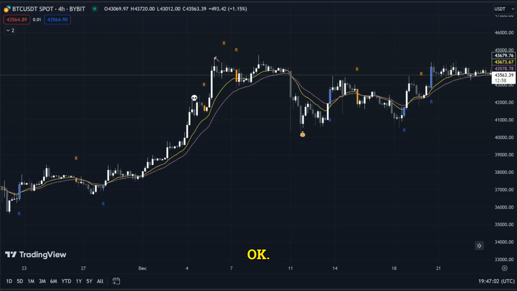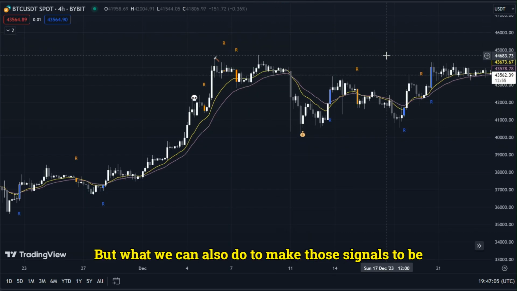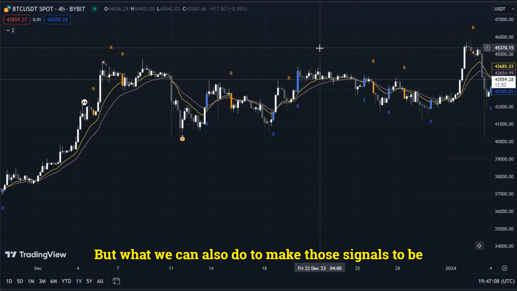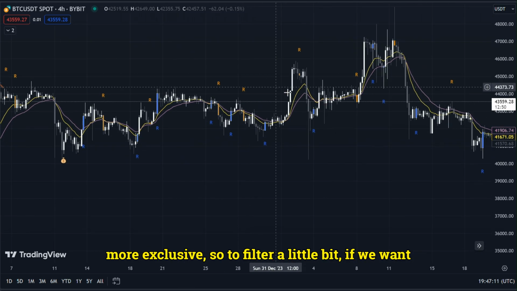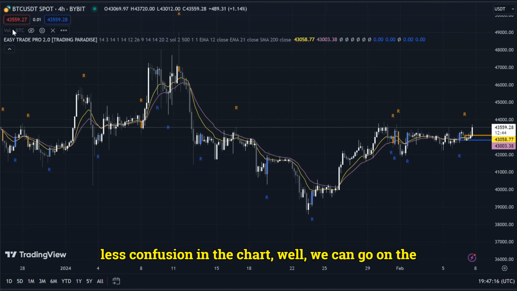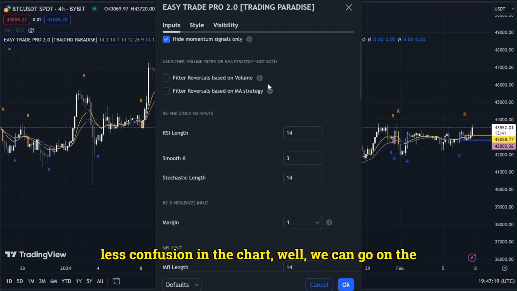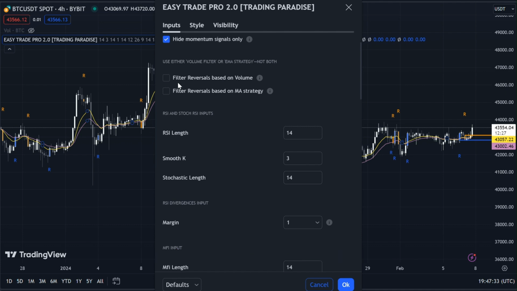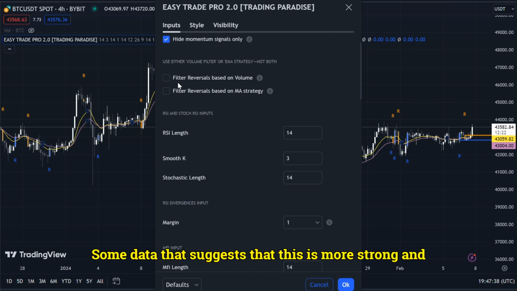Okay. But what we can also do to make those signals more exclusive, so to filter a little bit if we want less confusion in the chart, is go to the settings menu, where we have two filters. One is more focused on volume, so it will select which reversal candles have more volume, or let's say some data that suggests that this is stronger.